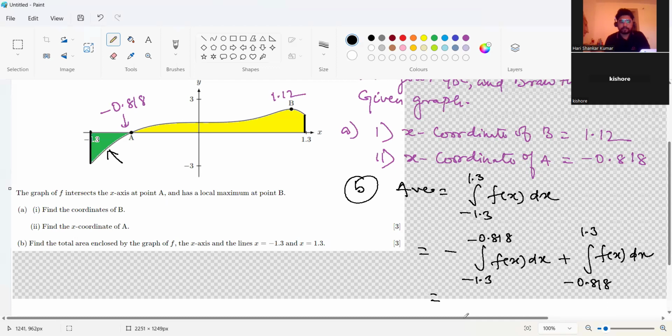So the first part area is 0.5763 plus the next part area would be 2.330.